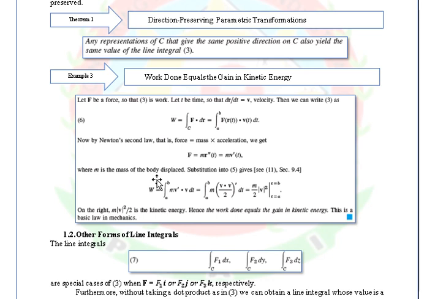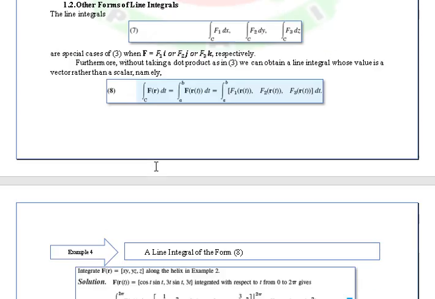So whether you choose a different path in taking that integration from point A to B, or from the initial point to the final point, the value is still equal pa rin. So yun lang yung pinagkaiba ng dalawa. So I think that's all.